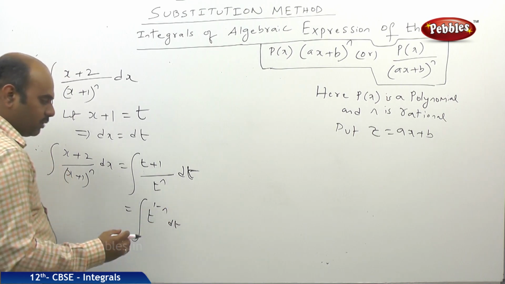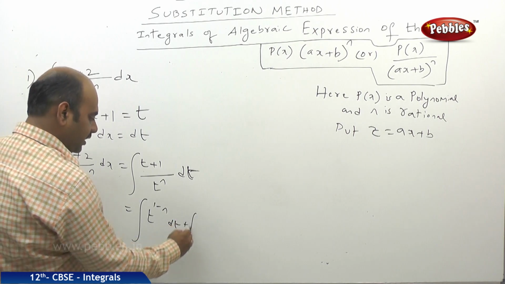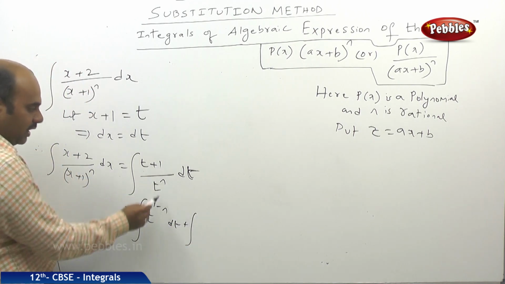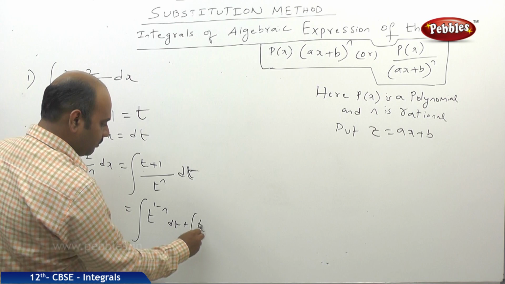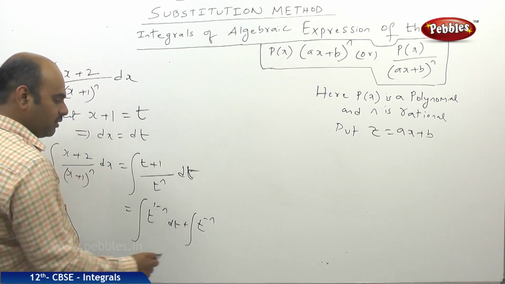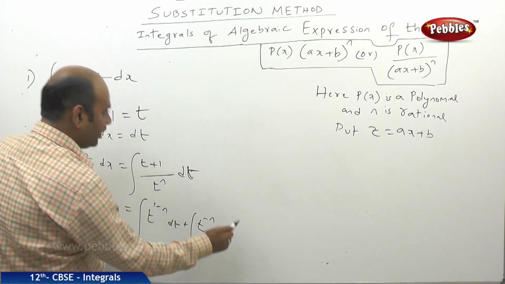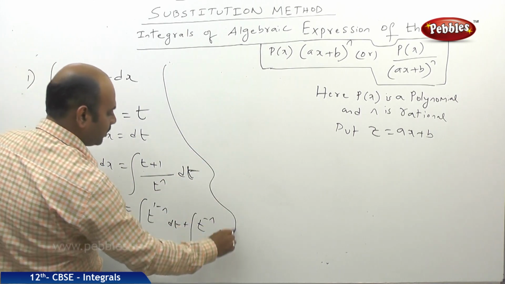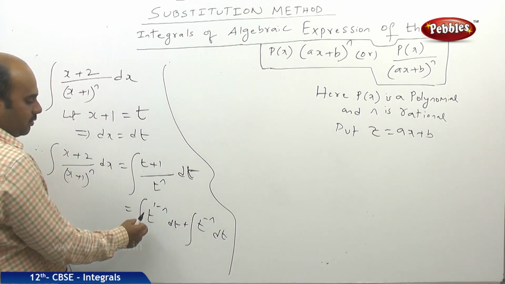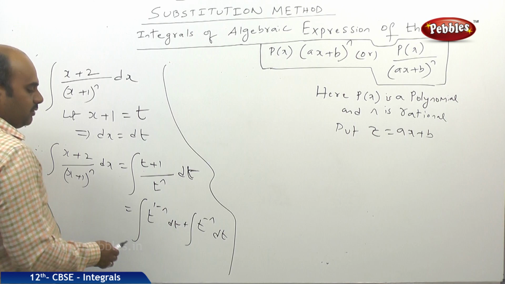I think by this time you might have been accustomed with the calculations. And 1 by t power n, I will write as t power minus n, dt. Now if you observe carefully, it is looking like the x power n formula only.